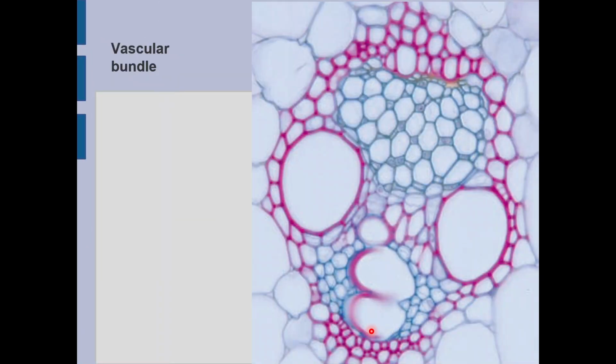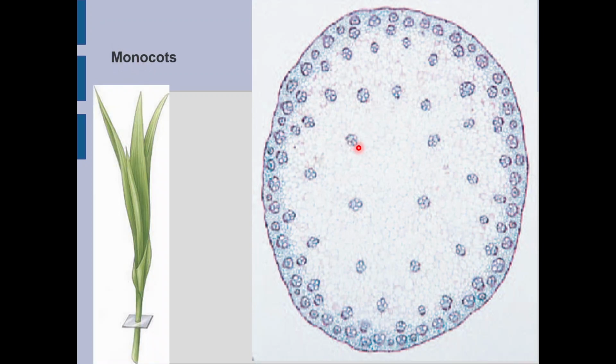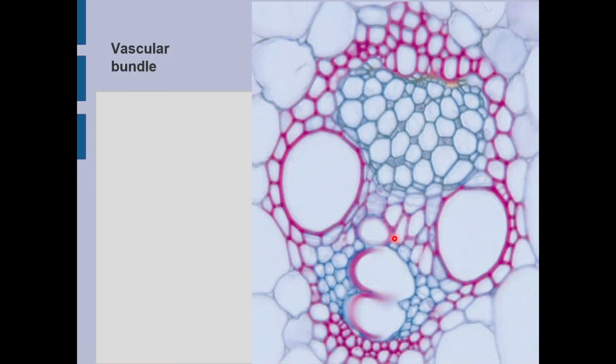And if we look at the vascular bundle, so we increase this part, we will see here also this is a xylem, so it looks like an alien. These are two eyes, nose and mouth.